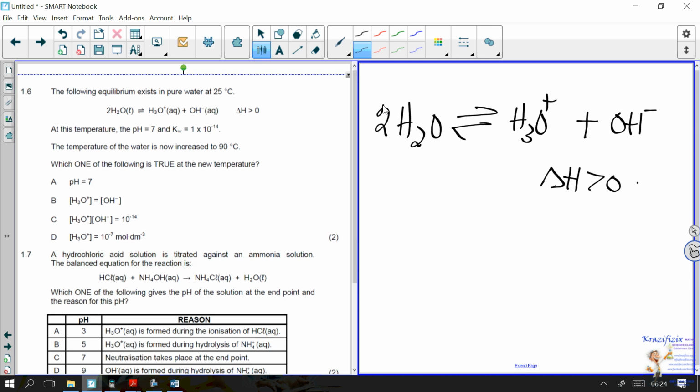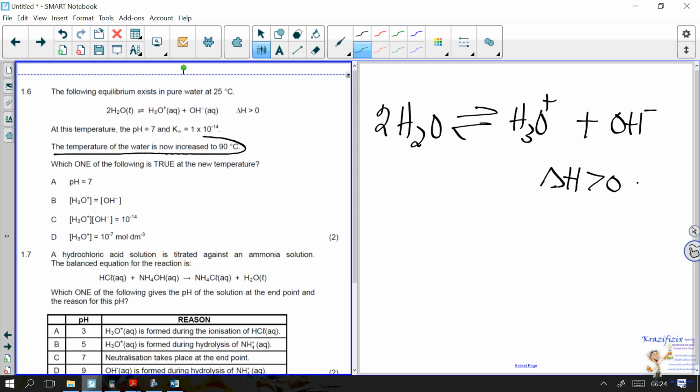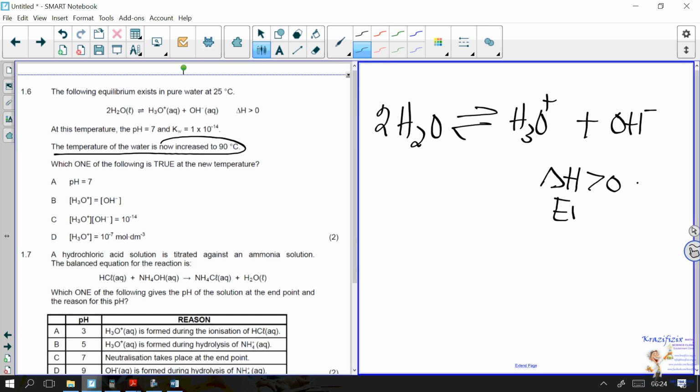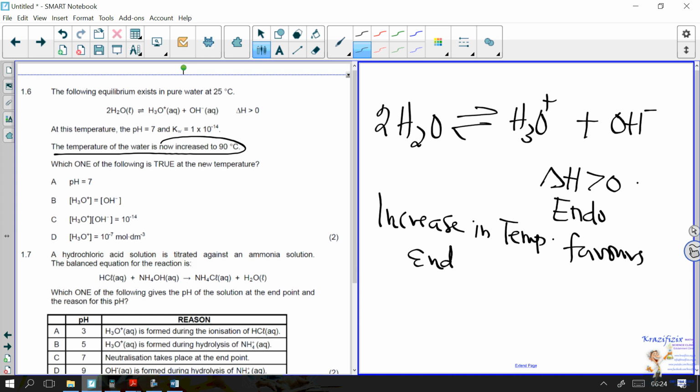Now, the temperature is increased to 90. This is an endothermic reaction, and we know from our content that an increase in temperature favors the endothermic direction.